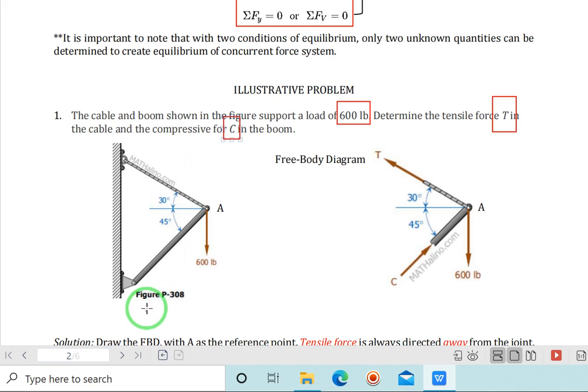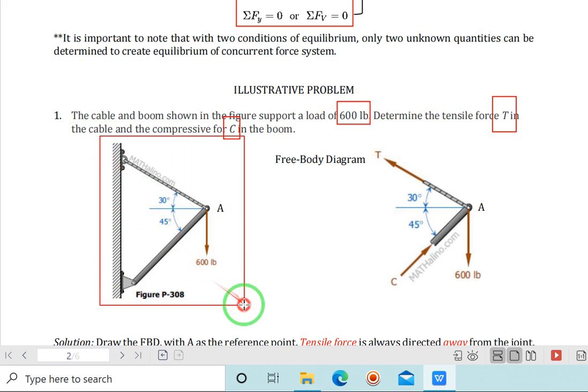Looking at figure P308, your 600 pound force is applied at point A. This is your boom, and this is your cable.